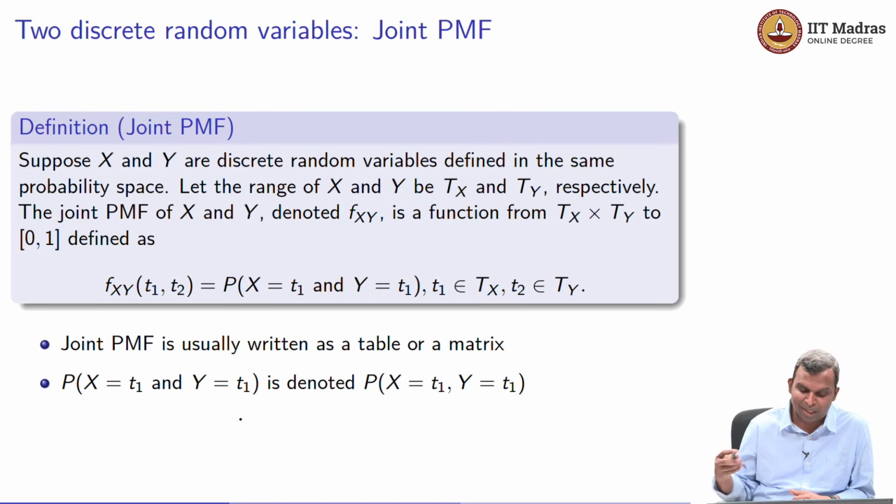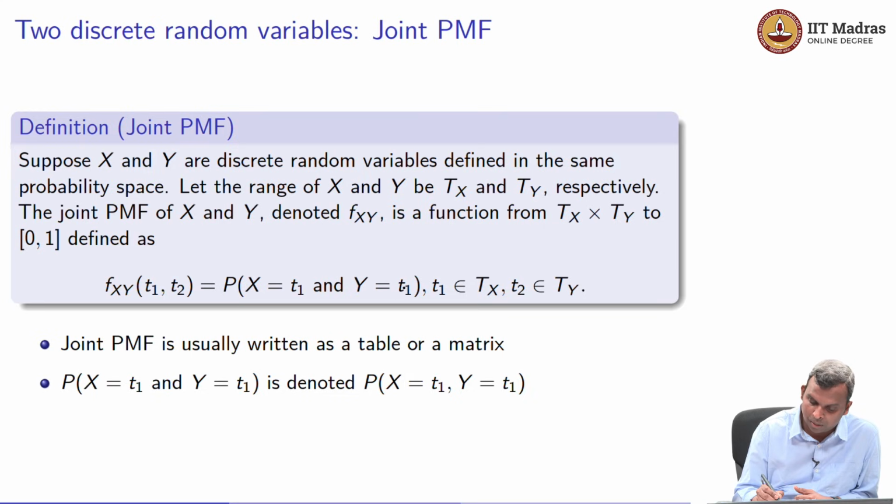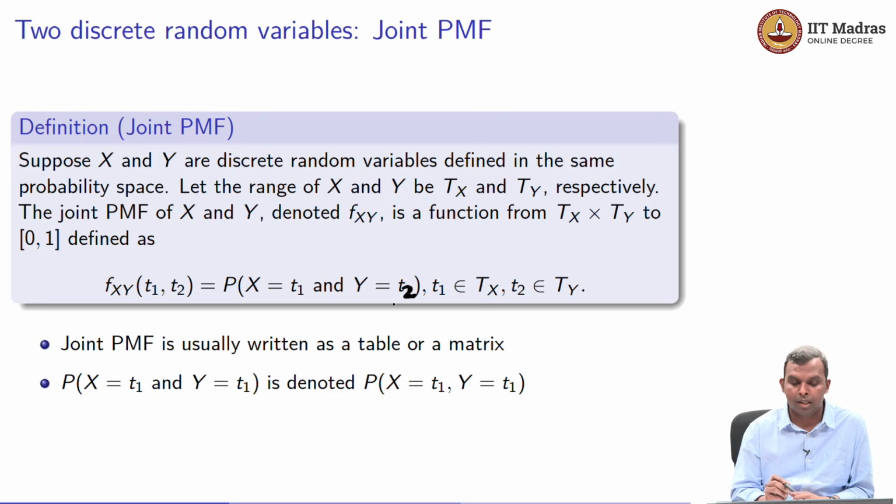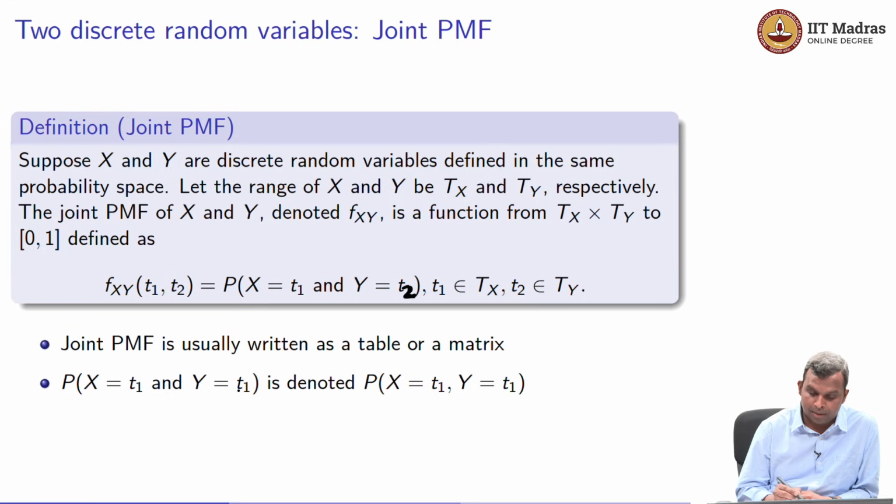I've put t1 here, t1 here, this is wrong, so please note this correction, this is going to become t2. Okay, probability of X equals t1 and Y equals t2, that's what happens here. Let me make sure I make this correction, it's a little typo.